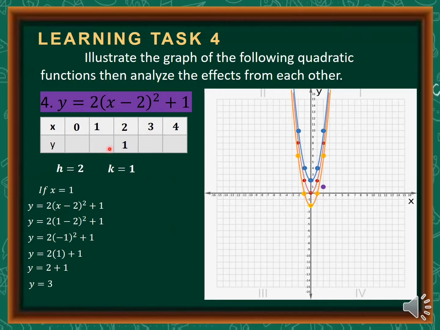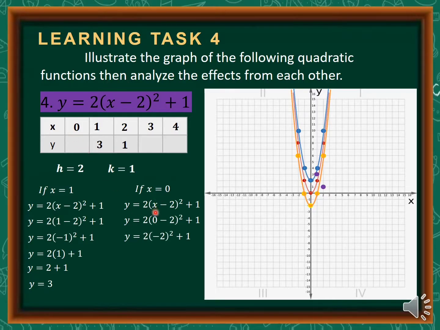So, i-plot natin. 1, 3. Positive 1, and then positive 3. So, andito po siya. Then, after that, how about when x is 0? If x is 0, what is the value of y? Isulat natin 0. So 0 minus 2, we have negative 2.